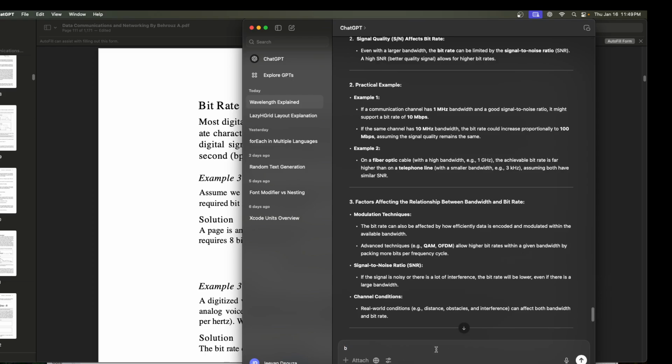But how is bit rate converted to analog?